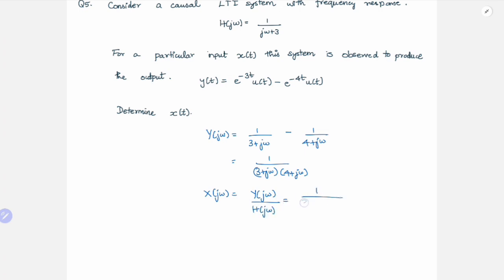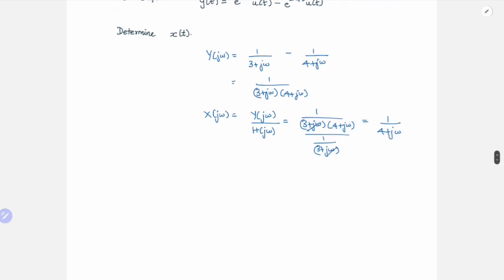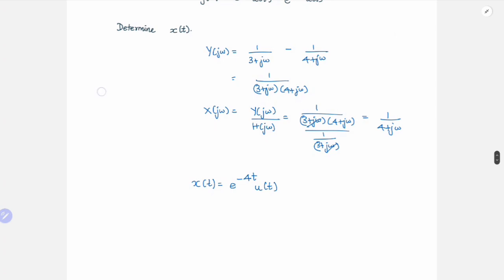So which is nothing but 1 by 3 plus j omega into 4 plus j omega by 1 by, this is 3 plus j omega. So this cancels, I get 1 by 4 plus j omega. So now I can take inverse Fourier transform. So x of t I can easily get it as e power minus 4t u of t. So you saw how quickly I solved it. I needn't even consider the convolution.